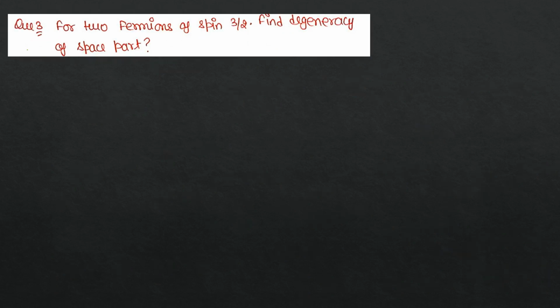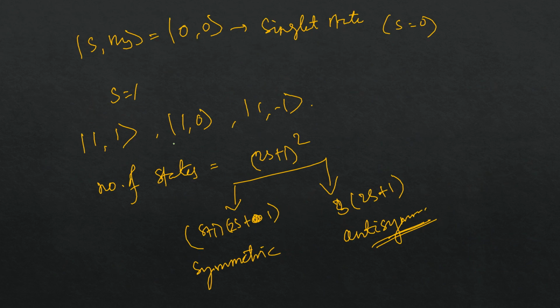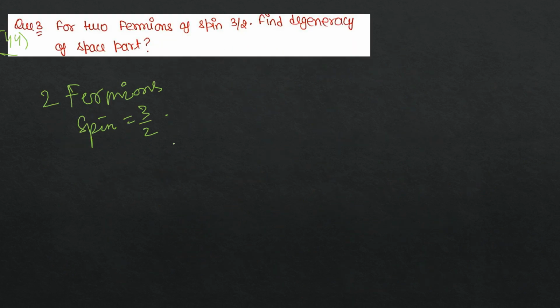Question number 44. Two fermions of spin 3/2 are there. Find the degeneracy of the space part. Degeneracy of the space part is asked in this question.